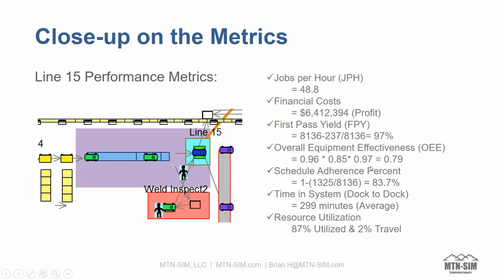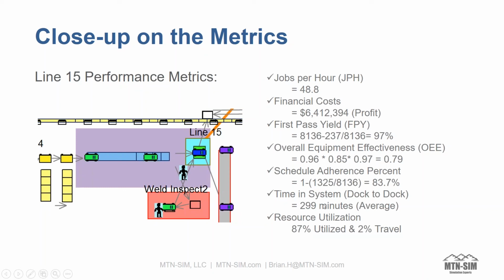You can see that the overall OEE would be just below 0.8 when we multiply all 3 of those factors together. Schedule adherence, this is just looking at the number of units that have passed through the system that were on time. So it looks like we're 83.7% meeting our overall schedule, and we are getting 1,325 units that were deemed late or out of sequence.